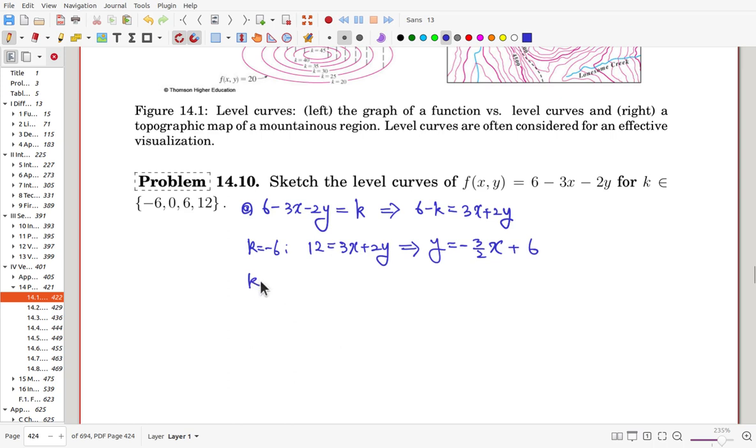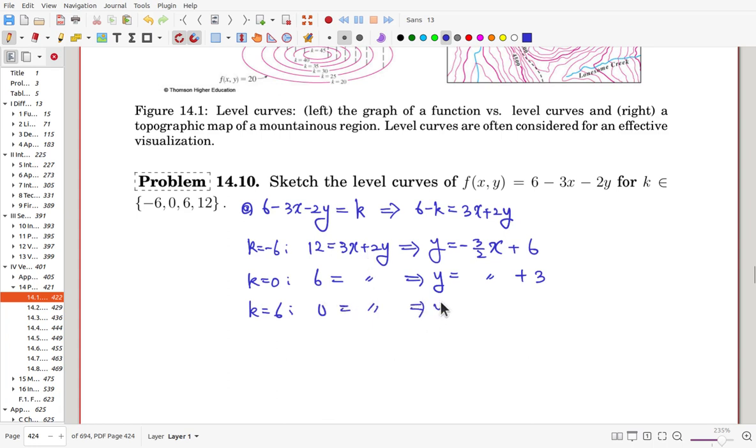How about k equals 0? Then 6 equals the same term, and from here 6 is divided by 2, so we have here 3. The same way, now k equals 6, then that will be 0 and equal the same term.